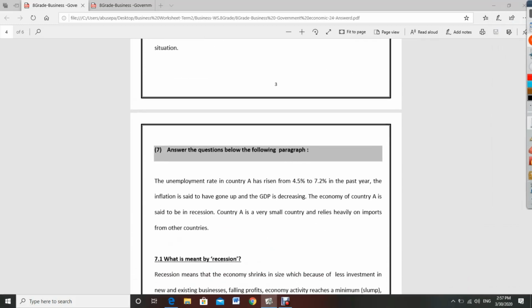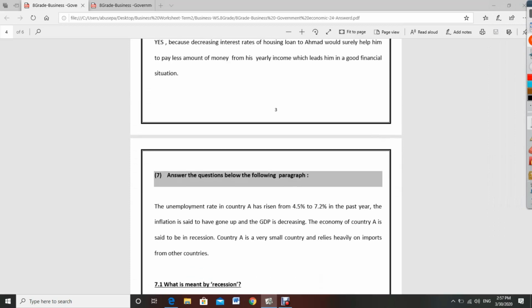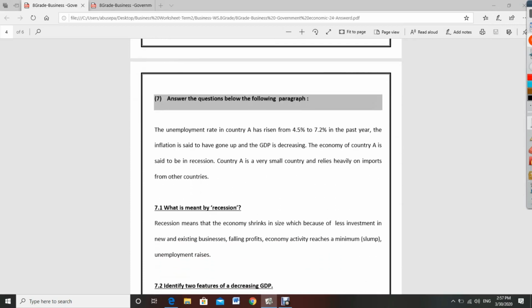Question number 7. Answer the question below the following paragraph. The unemployment rate in country A has risen from 4.5% to 7.2% in the past year.